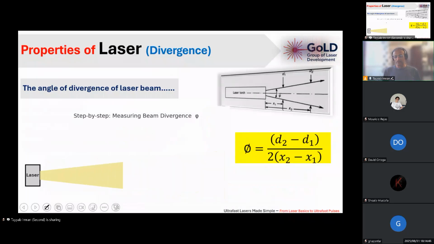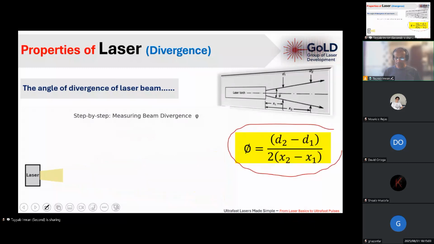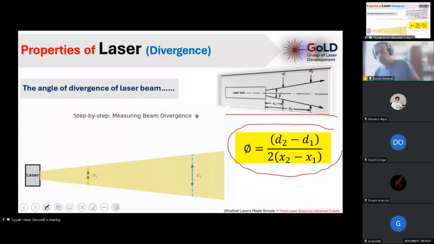The angle of divergence is how much the beam is spreading after leaving the slit of the laser source. The formula is very simple. This kind of measurement we usually take in the lab.